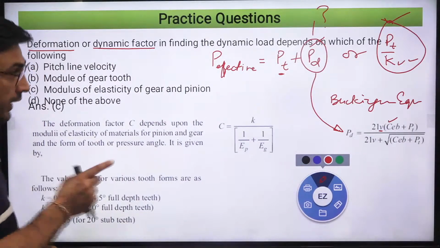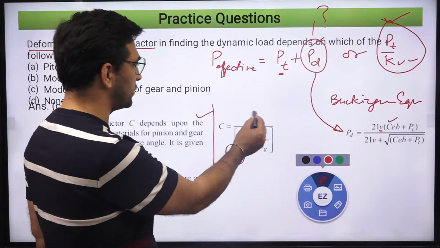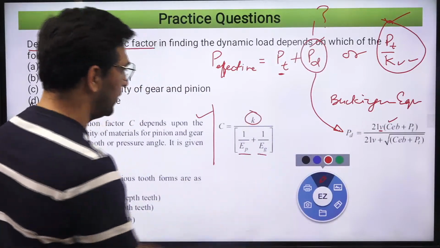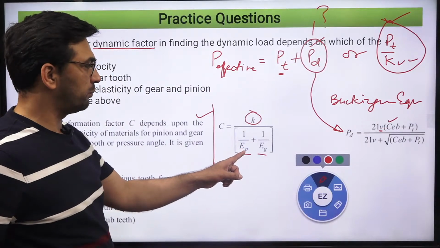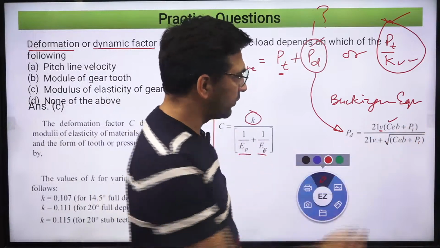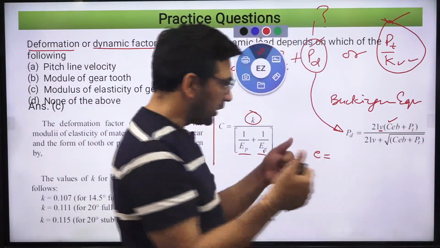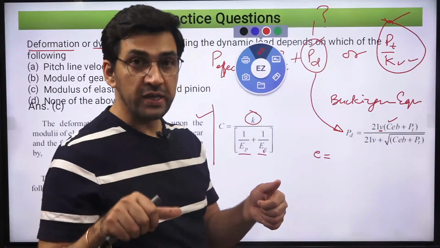Now you can predict. And how to find the value of C? This is the formula that you need to remember, where K is a constant, and this is the moduli of elasticity of pinion and gear, right? The rest of the terms are pretty clear. For example, small e is the tooth error in pinion and gear.